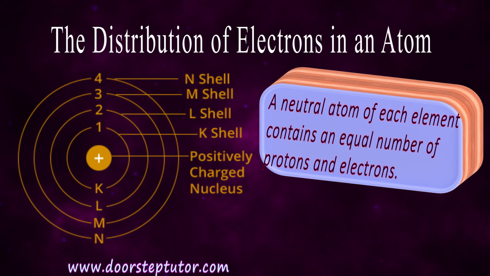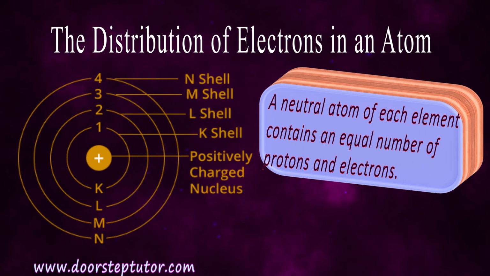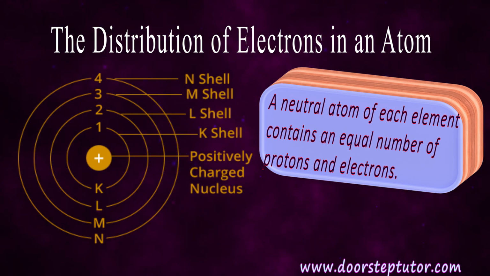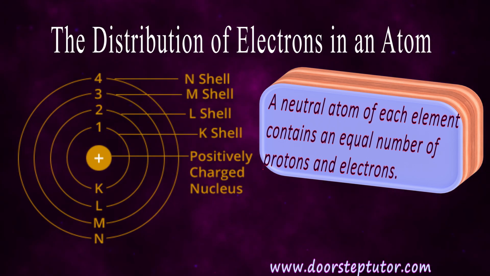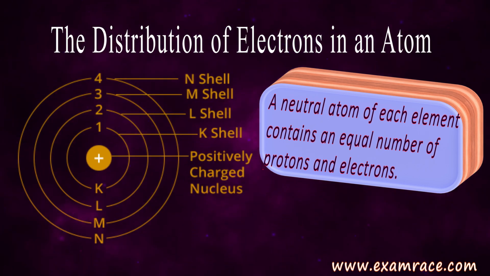That means this atom has gained some electrons. So this atom is now negatively charged, because the number of protons is less and protons have positive charges. Second, when an atom loses electrons, the number of protons becomes greater, and that atom becomes positively charged, because the number of electrons is less now. So that is about the nature of an atom when it is neutral, positively or negatively charged.